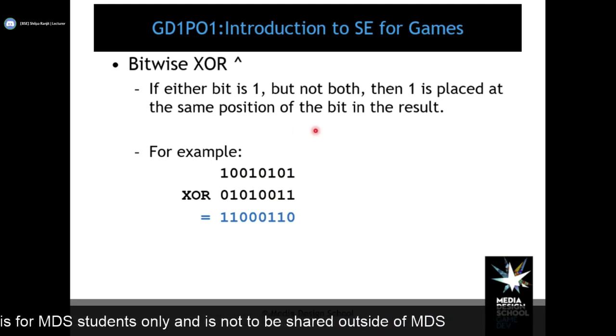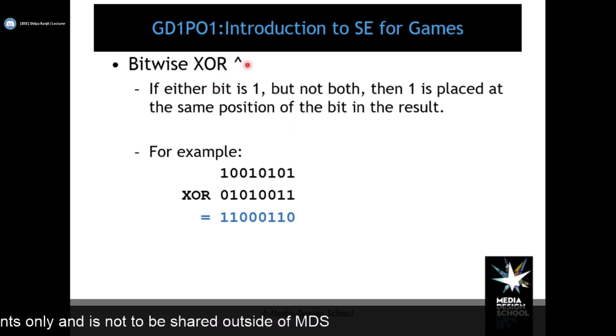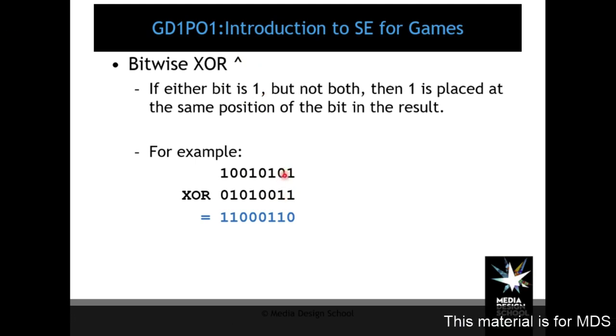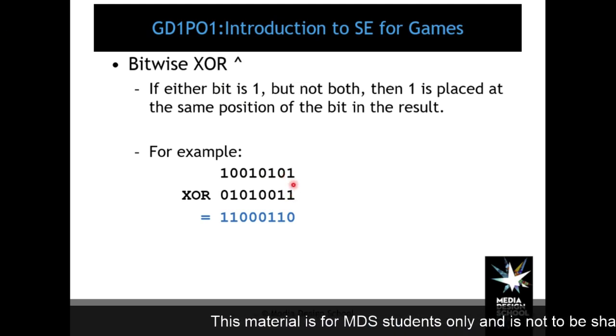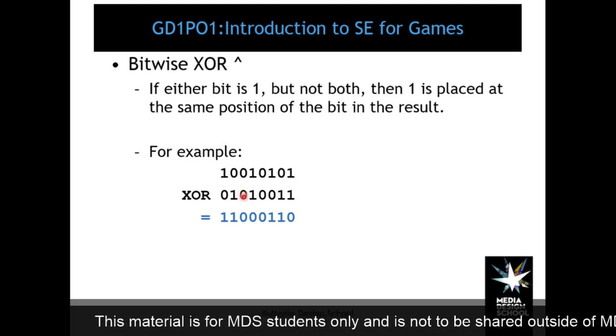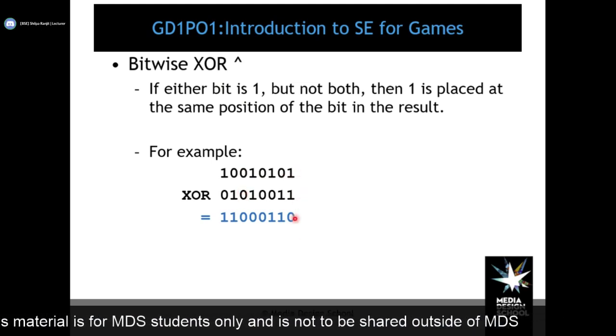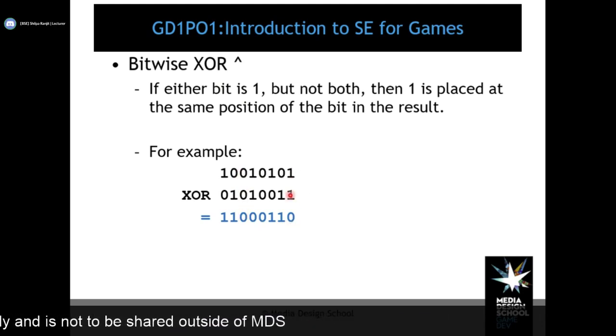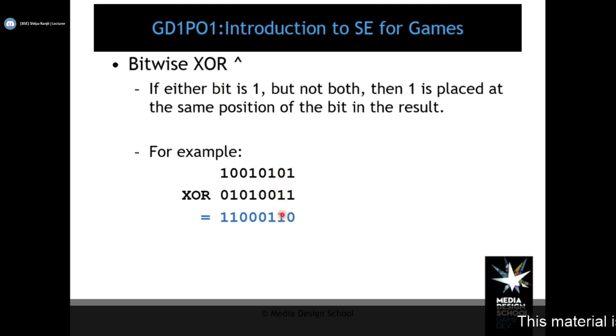What about the XOR? So XOR is represented by this symbol in here. So the XOR gives you a value only if either of the bits is 1. All right. If both bits are 1, the result is 0. You can see 1 and 1 gives you a 0 here, and a 0 and 0 gives you a 0. In all of the cases where just one of the evaluated bits is a 1, you would get a 1.